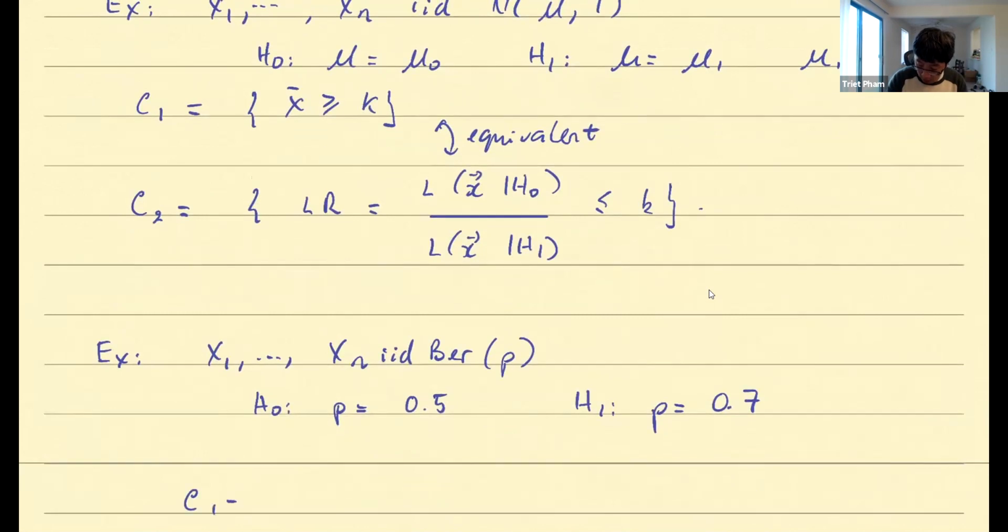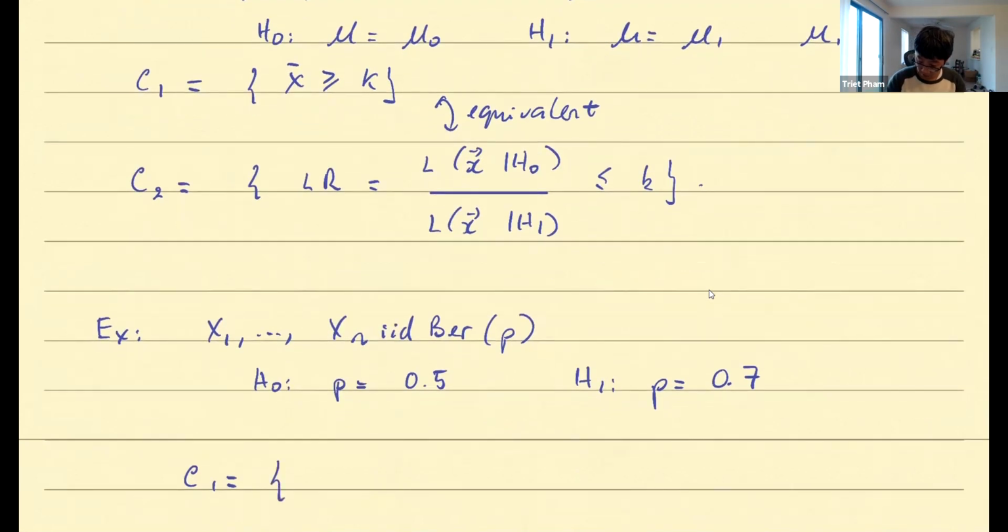Correct, p hat bigger than K, not 0.7, Alice.